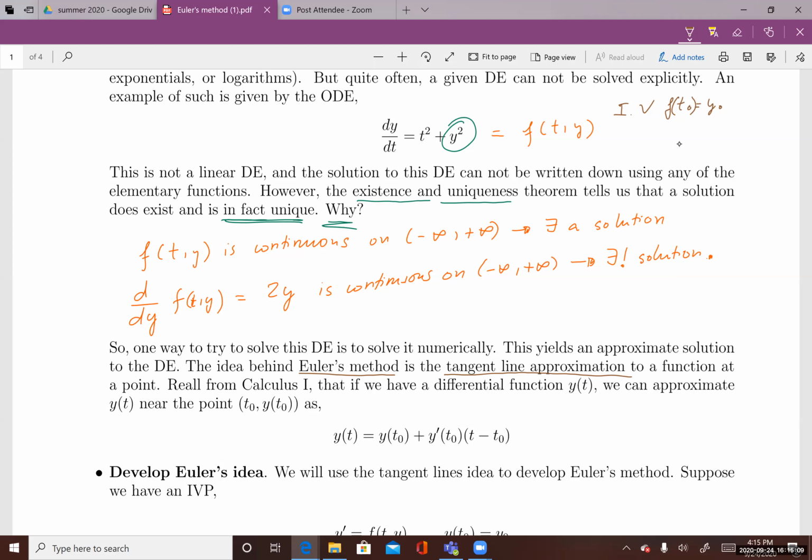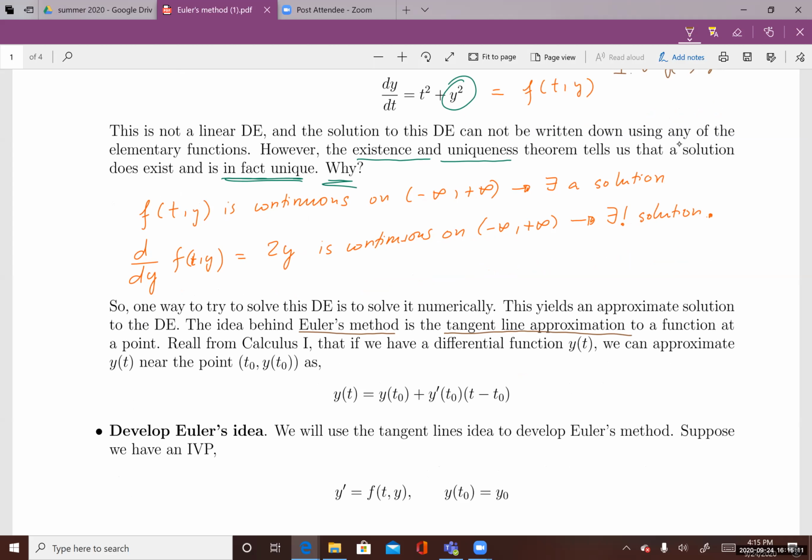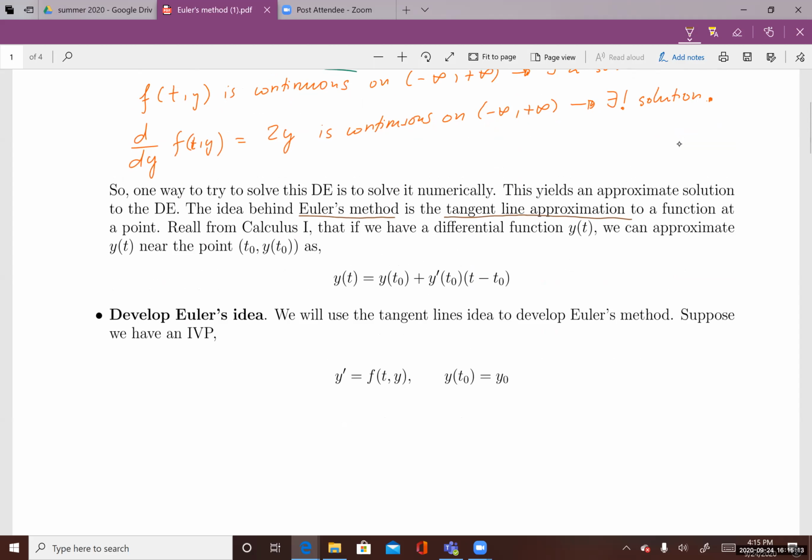Okay. So if we recall from Calculus 1, we know that the tangent line approximation is given using this formula right here. You want to estimate y of t, you can use t0 and y0, right?